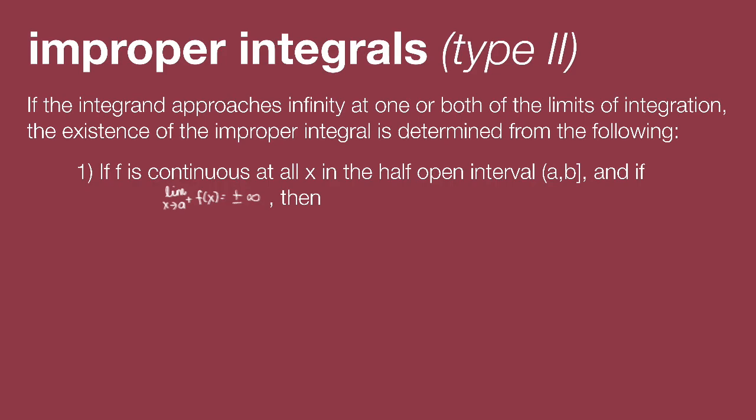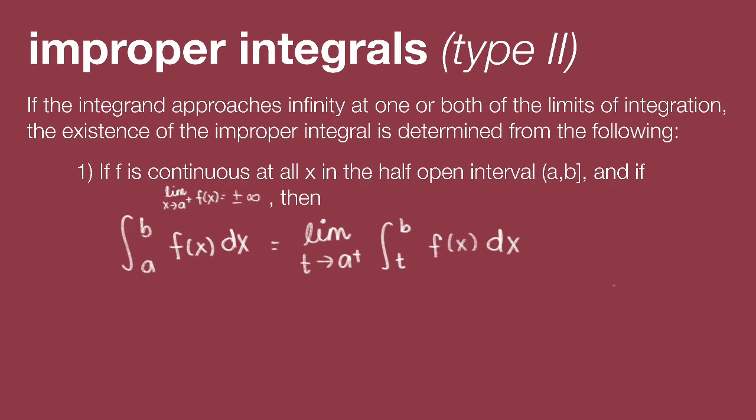First, if f is continuous at all x in the half-open interval a to b, so open sa a, close sa b, and if yung limit as x approaches a from the right ng f of x is either positive or negative infinity, then yung integral ng f from a to b will be equal to the limit as t approaches a from the right ng integral of f from t to b. So, ang papalitan nyo dyan yung a. Kasi dun siya hindi continuous. Okay?